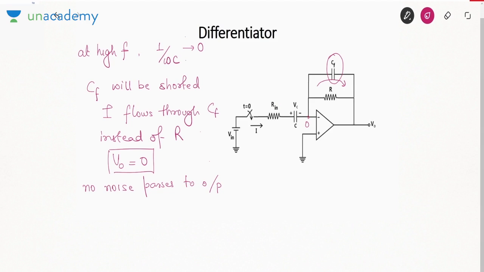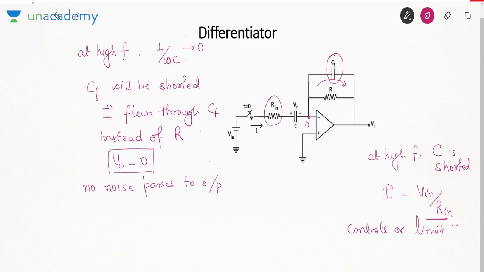Then what is the purpose of this resistance? I told you at high frequency C is shorted. By virtual ground this voltage is 0. So I will be Vn by Rn. So it basically controls or limits the current.